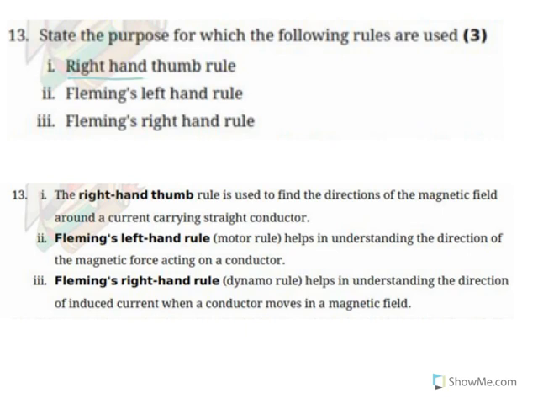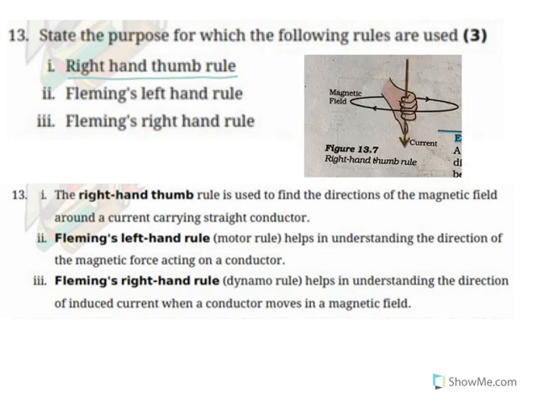State the purpose for the following. The right hand thumb rule. If you recollect, the right hand thumb rule tells where we use it. If there is a current flowing in a conductor, we know a magnetic field is produced around it, and this is given by the right hand thumb rule.